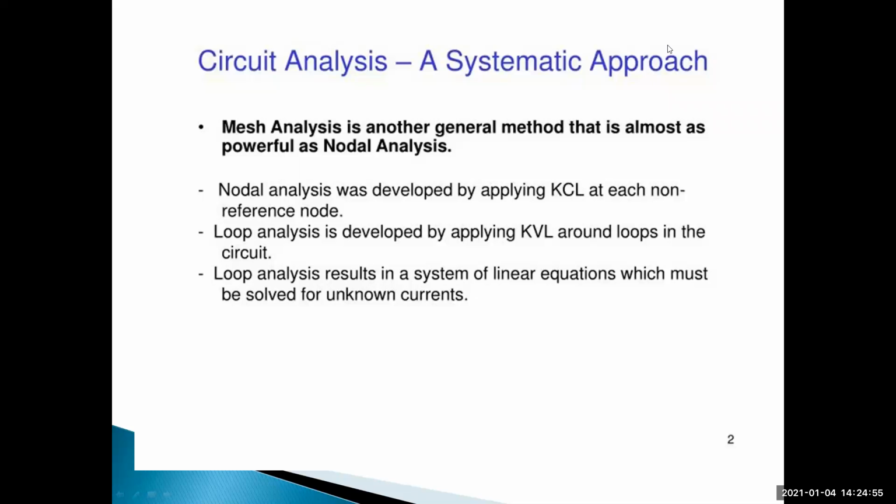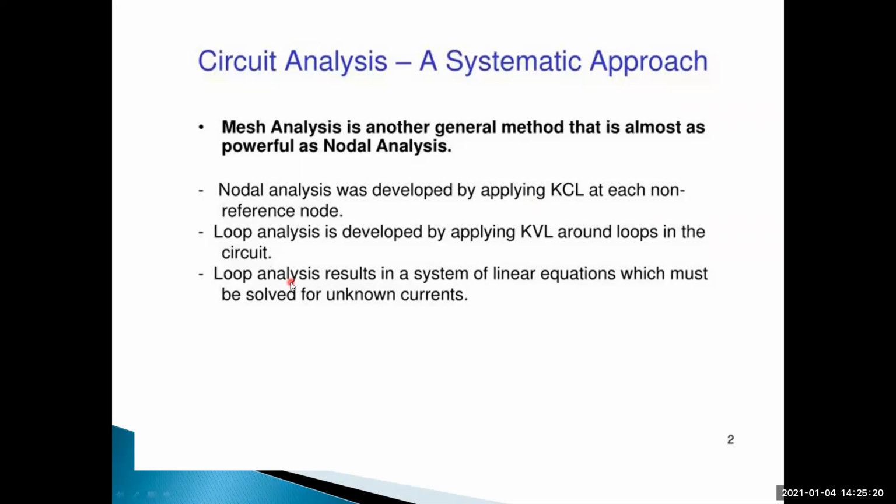So in mesh analysis, by using the KVL concept, we have to find the loop equations, loop currents. Node analysis was developed by applying KCL at each non-reference node. Am I right? Node analysis is related to KCL. And loop analysis is developed by applying KVL around loops in the circuit.